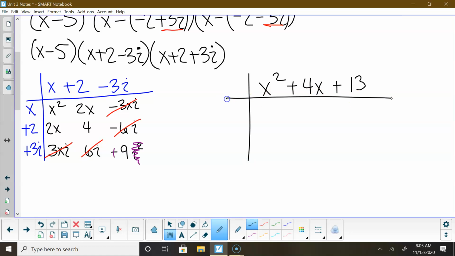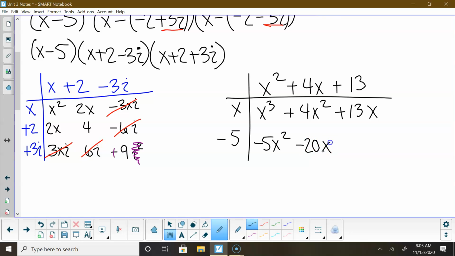And now I just need to deal with that last 0. So I got x cubed plus 4x squared plus 13x minus 5x squared minus 20x minus, what is it, 65?